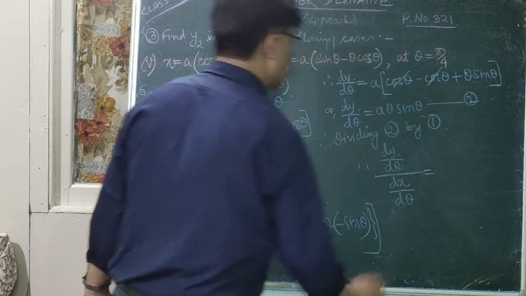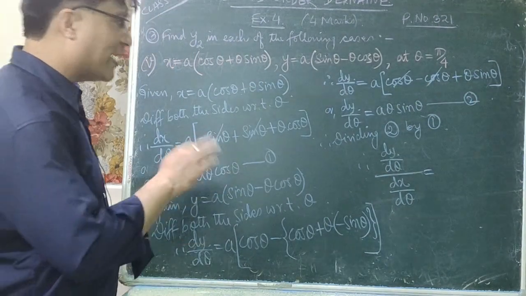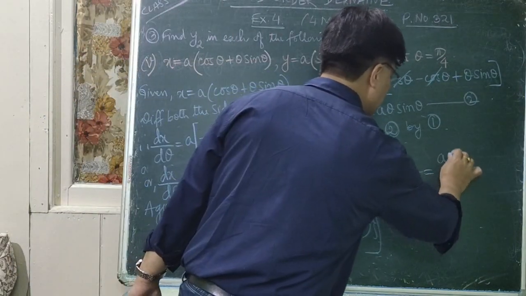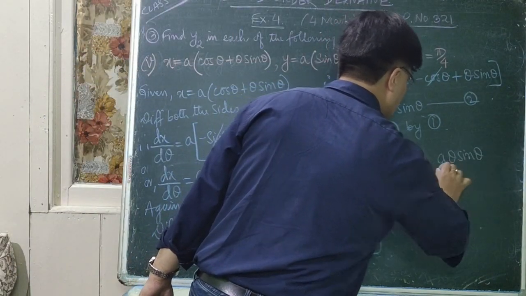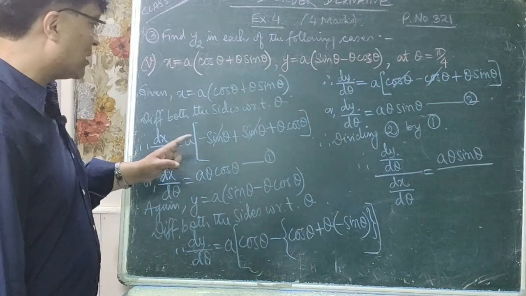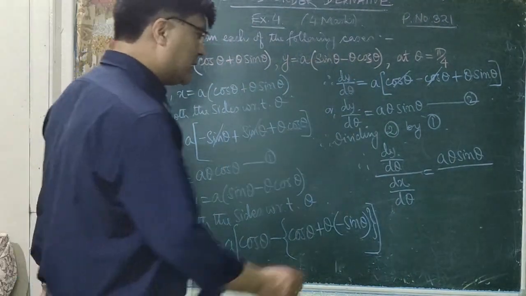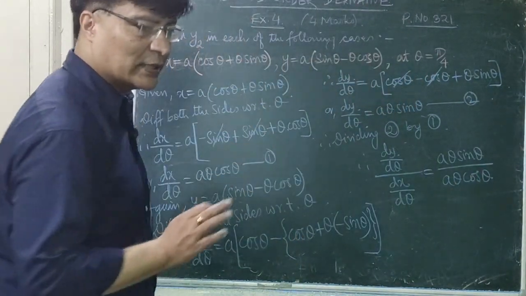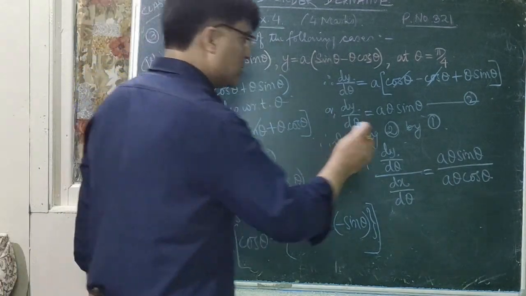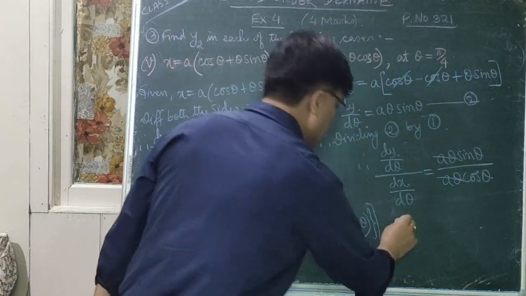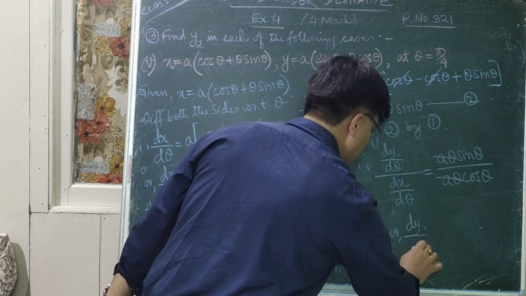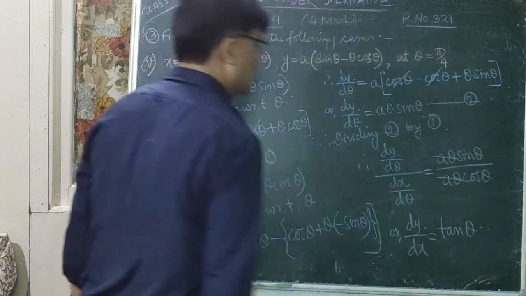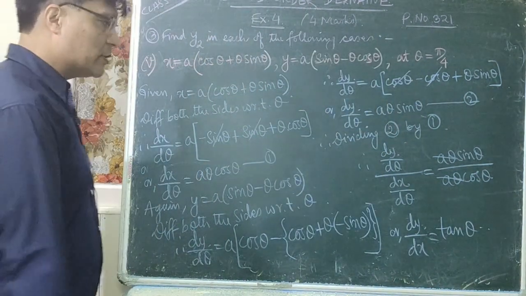On the right hand side, write down right hand side of number 2 in the numerator, that is a theta sin theta, divided by right hand side of number 1 in the denominator, that is a theta cos theta. Okay, so here a theta gets cancelled, so you can get the value for dy by dx from here. dy by dx is equal to sin theta by cos theta, which is tan theta.